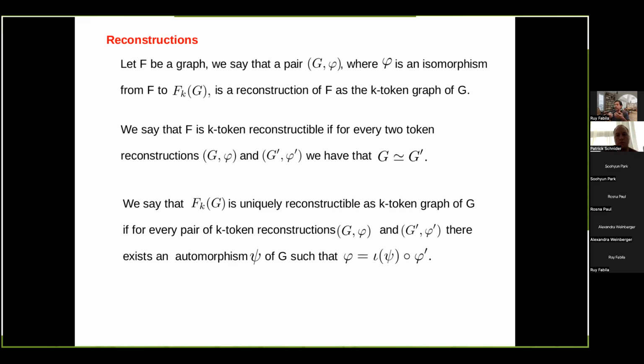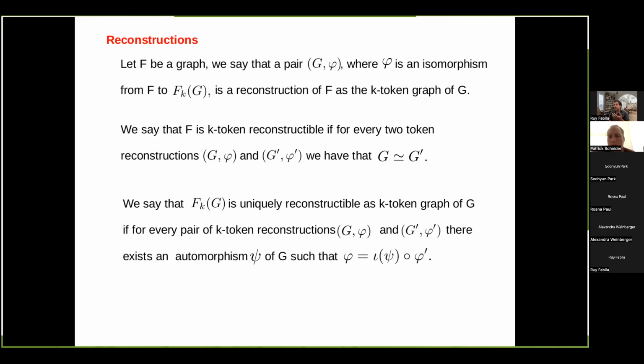Now, suppose that we use the same underlying graph, but for some vertices we don't have the same labeling. But then I look at your reconstruction and say, you know what? It's essentially the same, because yours is only my reconstruction with an automorphism applied, right? So if I reconstruct the graph and label the vertices and then apply an automorphism of G on all these vertices, I obtain a new reconstruction.